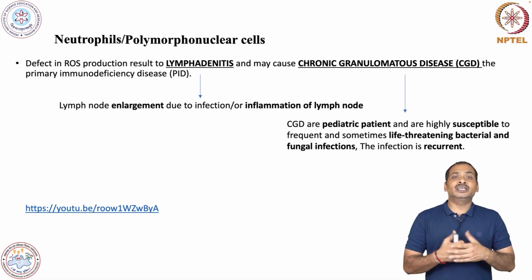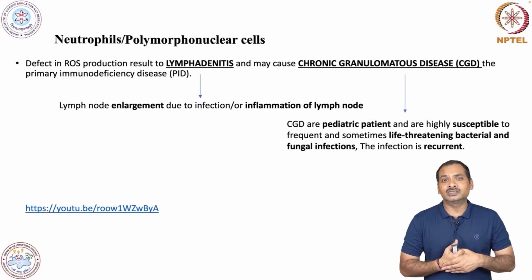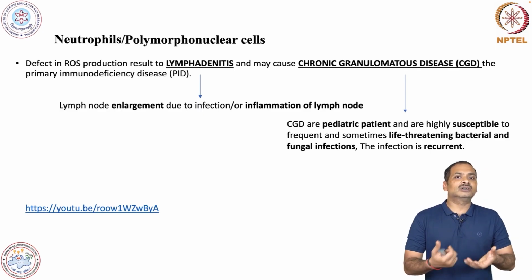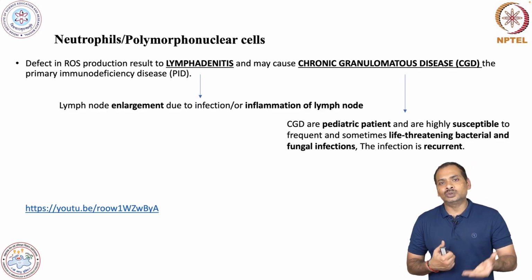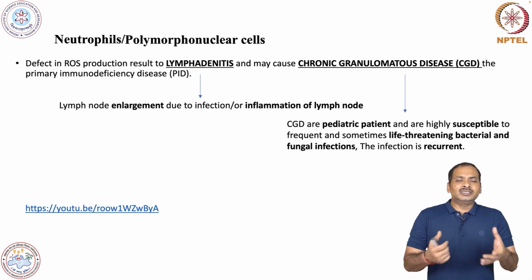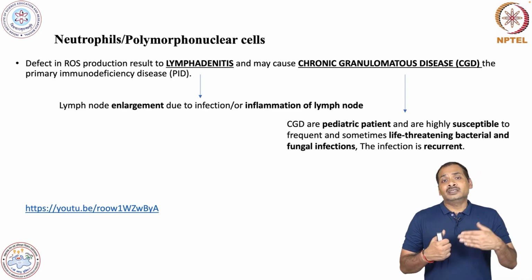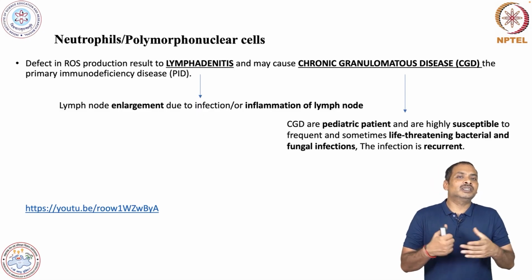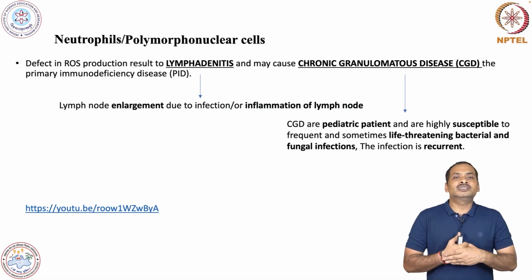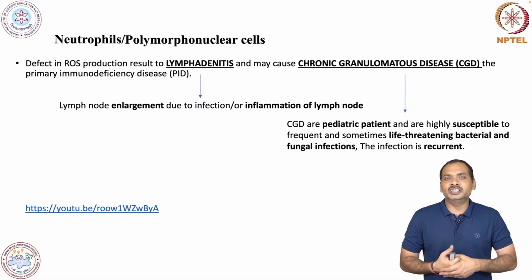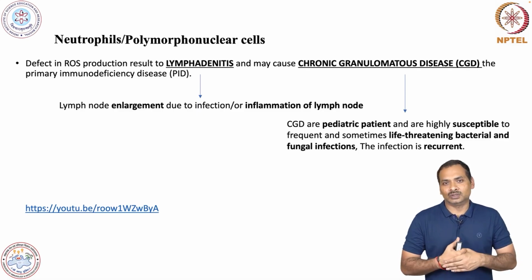Another way is that they infuse some immune factor, for example interferon gamma, which may activate the macrophages or other cells in order to clear the bacterial infection. So all these things are there. Finally, I would like to say that CGD is quite a severe problem, and now or previously people tried bone marrow transplantation to overcome the disease, but I am not sure how successful it is, because I am not a clinician.